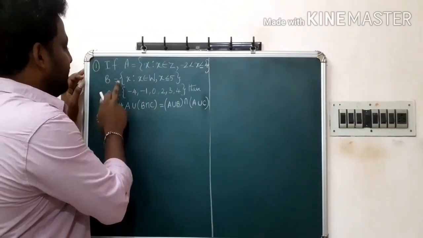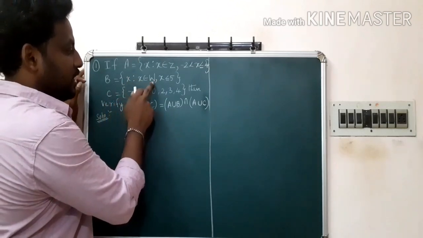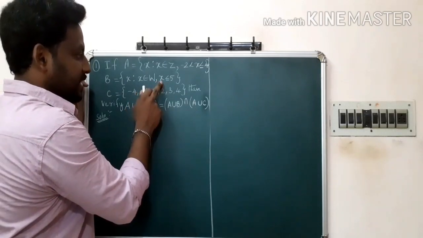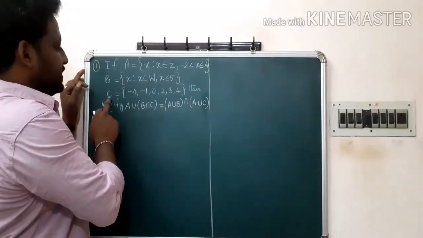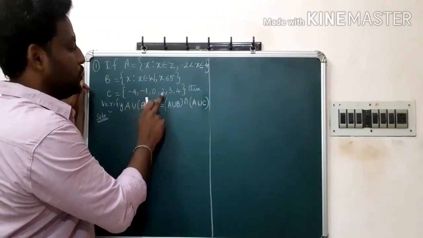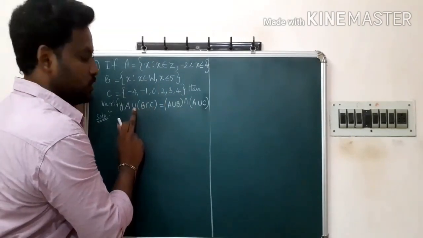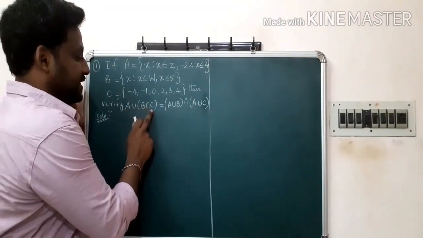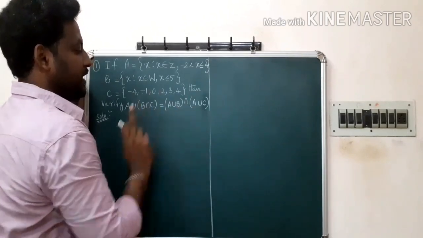And then set B is given, X such that X belongs to W, which means X belongs to the whole number, and then condition is given X less than or equal to 5, and then C is given in roster form -4, -1, 0, 2, 3, 4. Then we have to verify the distributive property, which is union over intersection. That is A union B intersection C is equal to A union B intersection A union C.